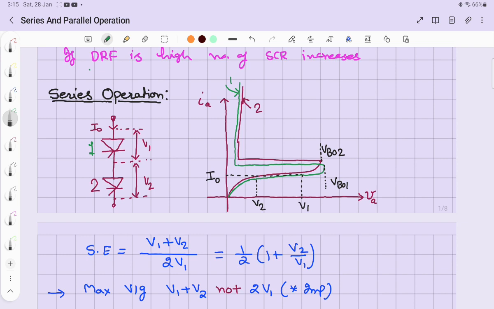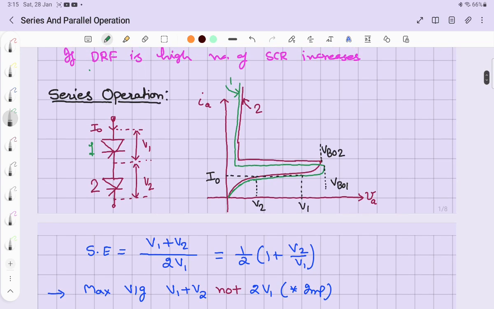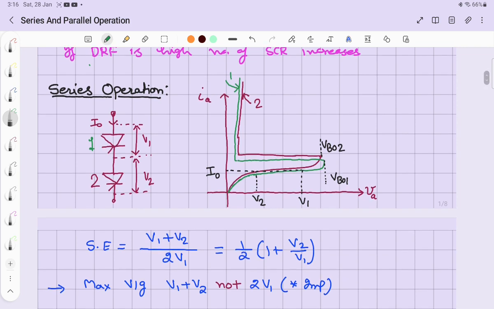We will discuss the dynamic characteristic and turn on time afterward. Now at present you can see, for the same amount of leakage current I0, thyristor 1 or SCR1 is sharing voltage V1, whereas SCR2 is sharing voltage V2, right?